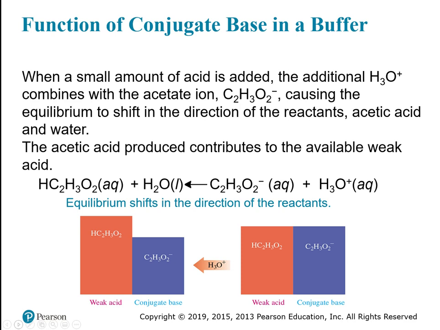If instead you add a little bit of acid, then you're going to decrease your conjugate base because it's going to absorb some of that hydrogen and make more of your weak acid. So it's an equilibrium. It shifts back and forth depending on what's added to the system.